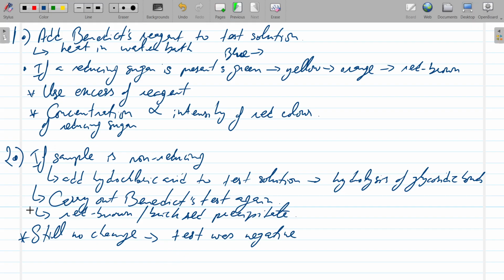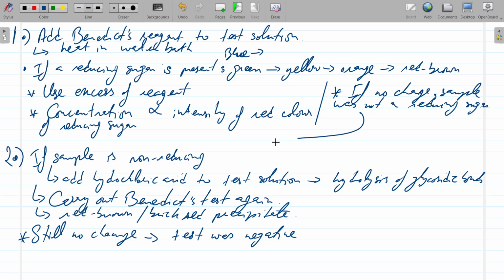If that happens in the first scenario, the sample was not a reducing sugar, so that we talked about, right? In that case, you go to method number 2.